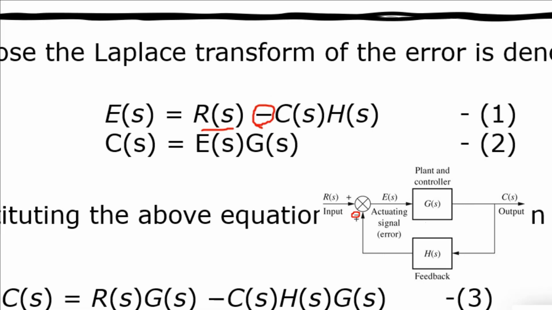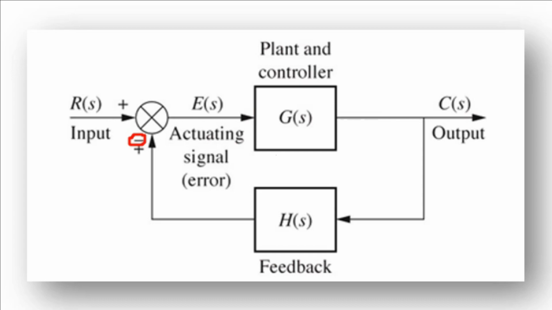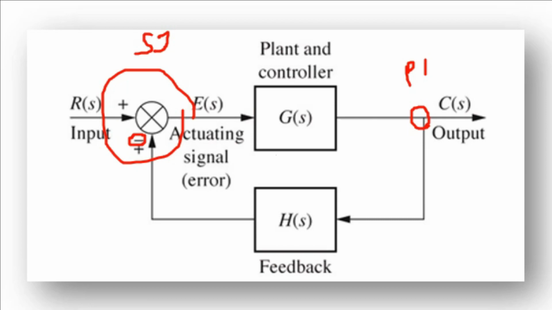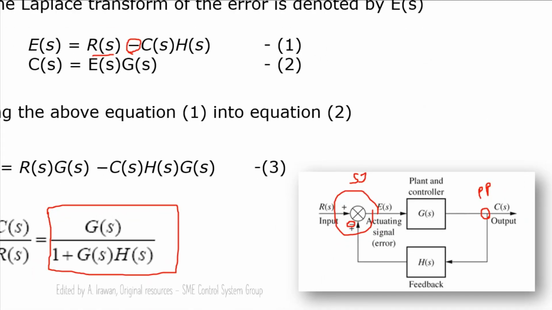This one is a summing junction, and this one is a pick-off point. So for the first equation that we can derive, E(s) equals R(s) minus C(s) multiplied by H(s). And for C(s) itself, we have E(s) multiplied with G(s).